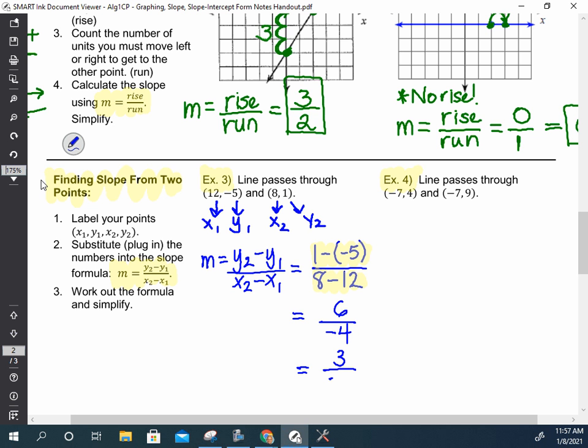Beautiful. 3 over -2. Both of those numbers are divisible by 2. So what we just did is an example of what's called showing your work. Any questions before we go to example 4?